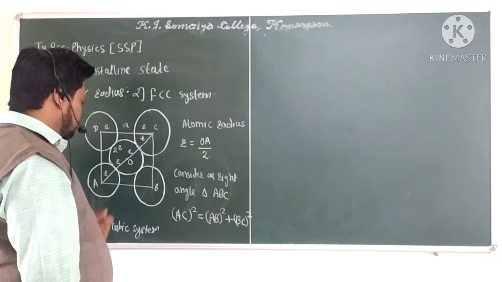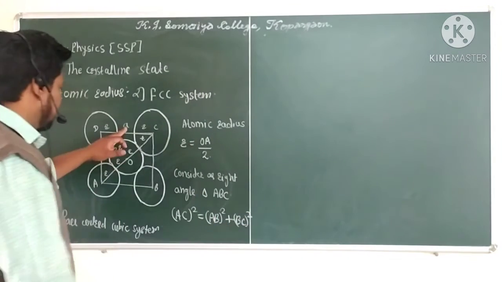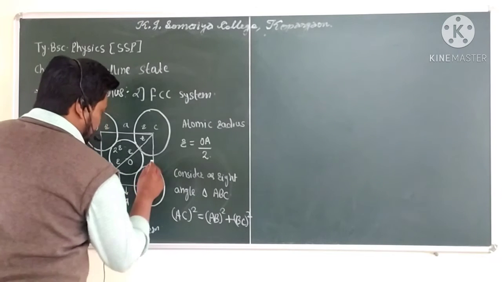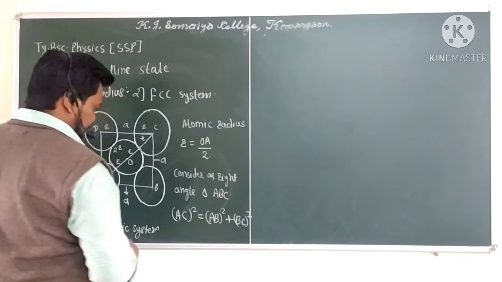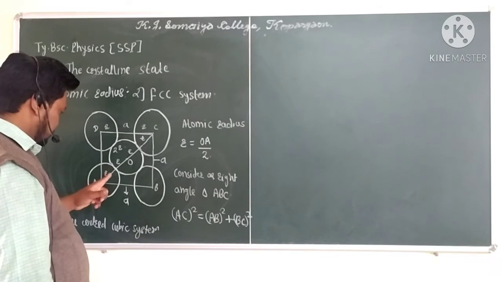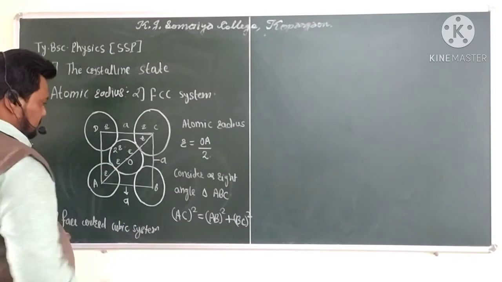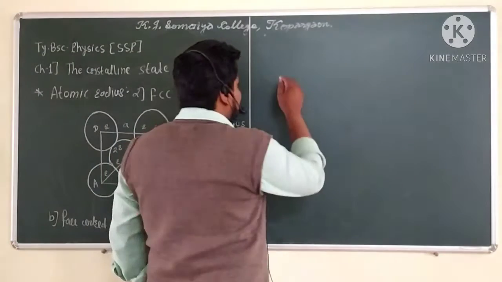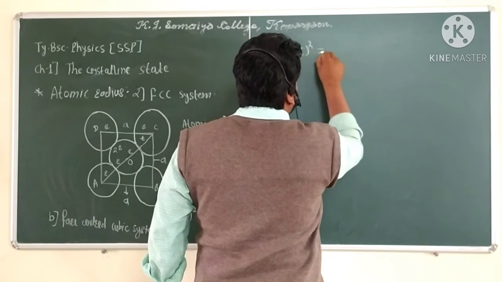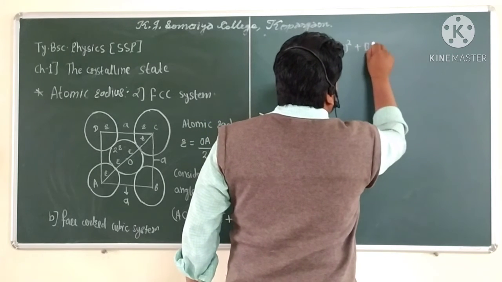This side is considered as A, and this is also A. And what is meant by AC? AC is the atomic radius of the circle, this is R, and the total diameter is 2R. So AC whole square is equal to AB whole square plus BC whole square.